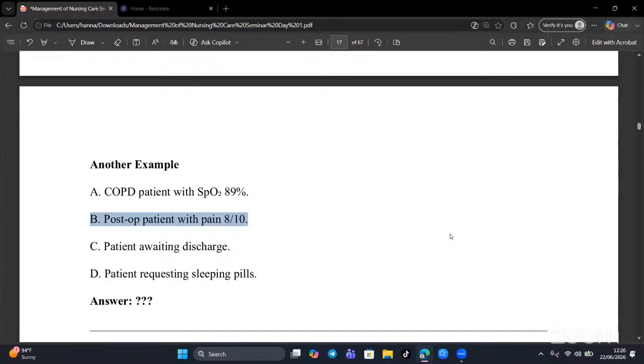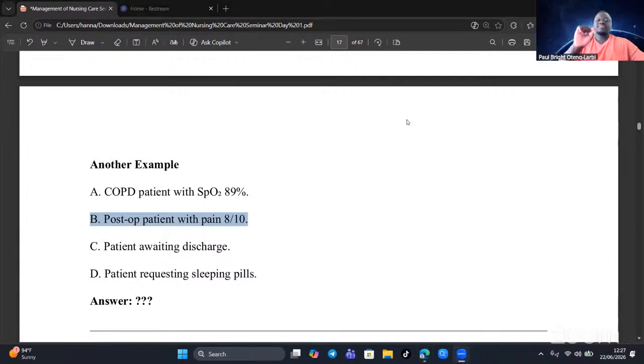Because immediate post-op. Okay, they didn't state that in the question though, but I am assuming it's immediate post-op, with a numerical value of 8 on 10. So you need to manage the pain. You can't leave the patient in pain for long, else it will alter the vital signs. She's saying immediate. She has used the word immediate.